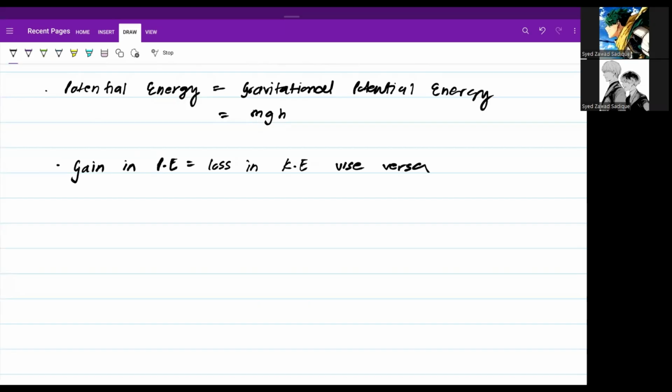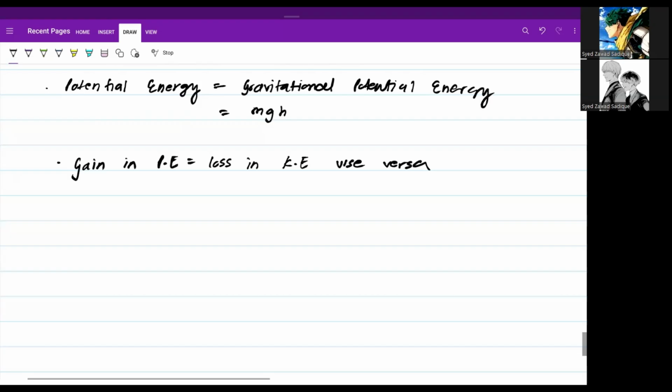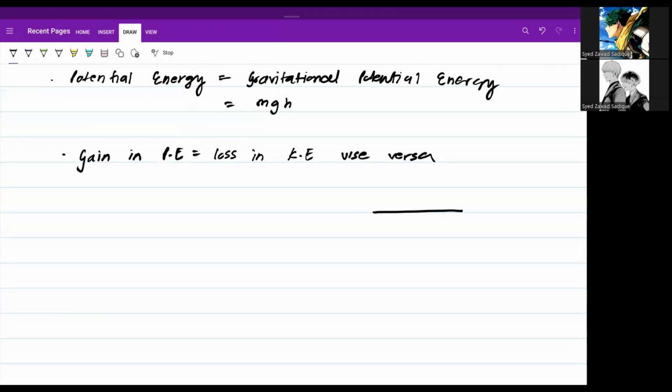Now, where do you think you can apply this formula? The application usually works when you're trying to find, let's say, a mass. It's right here.